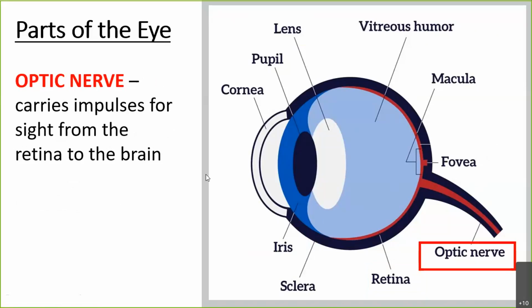The optic nerve is connected to our brain, and that's where we're able to interpret what we see. Okay? So all of those parts, you need to be able to recognize them and state the function of them.